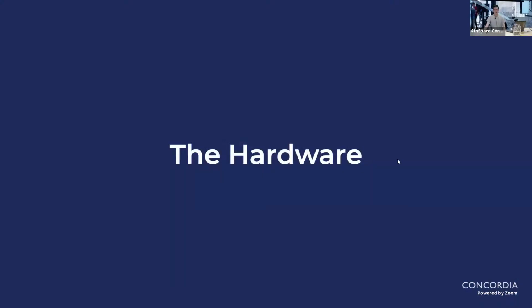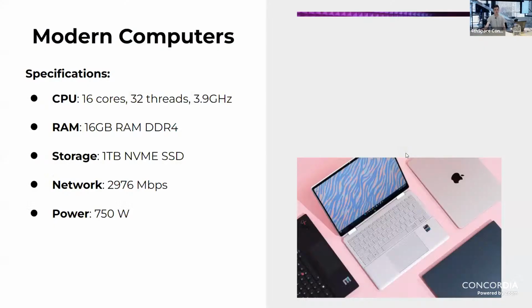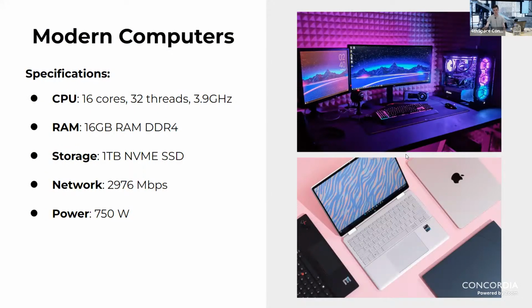So we'll start off with the hardware because it's going to play a really relevant role in the rest of the presentation. Nowadays, most people are comfortable with the idea of computers, right? You'll either have a laptop or a desktop at home. That processor is going to have 16 cores, maybe 32 threads, and run at 3.9 gigahertz. For RAM, you'll maybe have 16 gigabytes, which in some cases might even be 32 or 64 gigs.